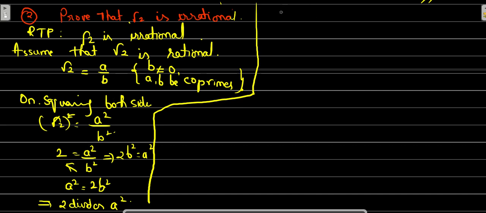If p divides a square, then p divides a as well. If p divides a square, then p divides a. It means if 2 is dividing a square, this implies 2 divides a.